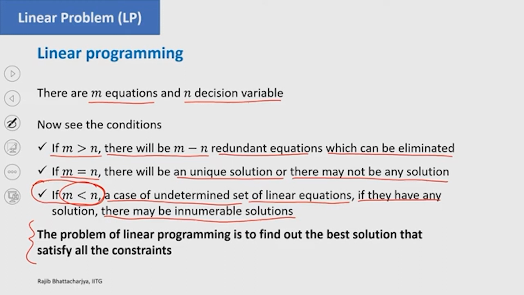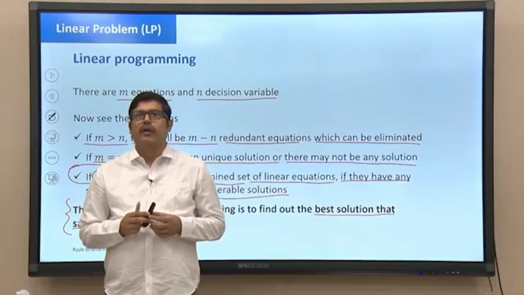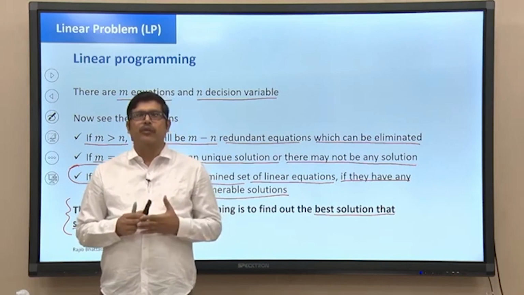If there is a solution, as I said, we may have innumerable solutions. Then the problem of linear programming is to find the best solution, because you have multiple solutions, that satisfies all the constraints. That is the function of linear programming. So, what we want to do?